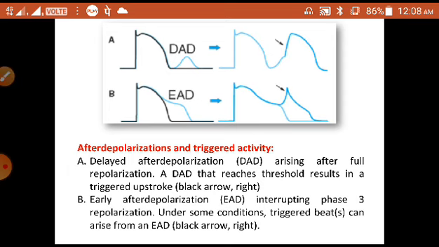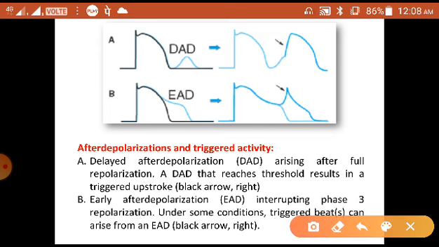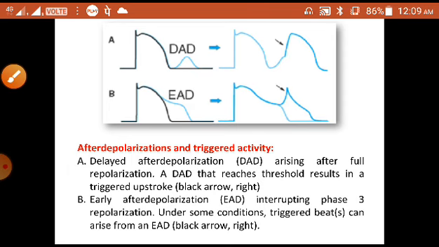The early one came before completing phase 3, the repolarization, while this one came after its completion. Both are actually faster, but comparatively one is slower and one is faster.